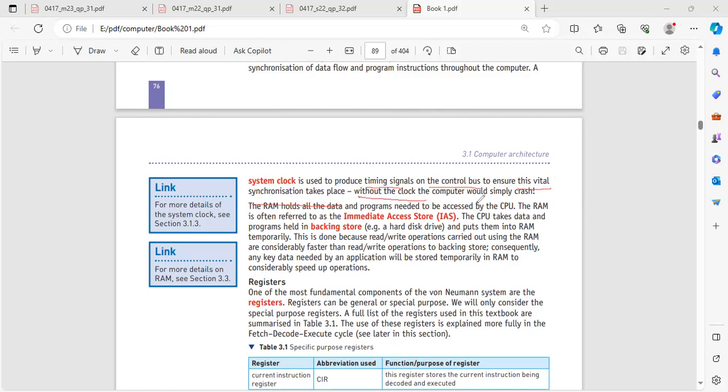Without the clock, the computer would simply crash. We also call RAM immediate access store because it is between all parts of the computer.